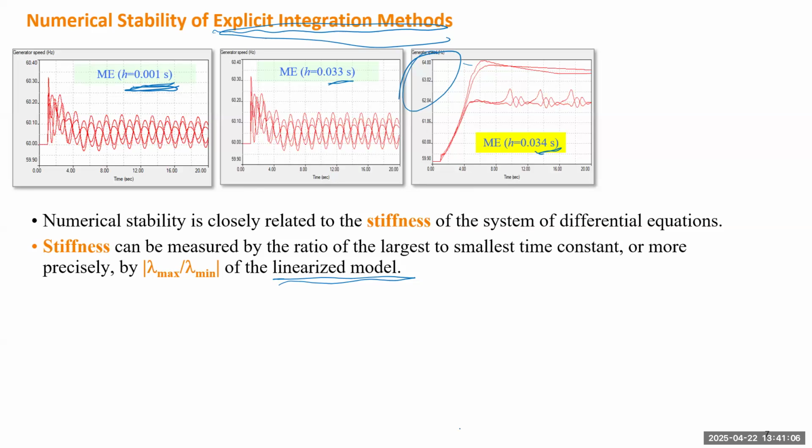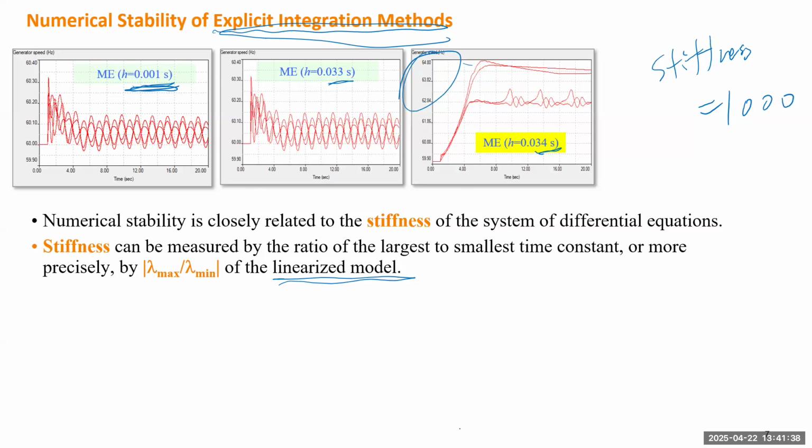But if the ratio of the largest eigenvalue to the smallest eigenvalue, the stiffness, is 1000, what does this mean? The largest period is 1000 times the smallest period. In order to capture the largest period, your simulation period needs to be long enough, right? You have to simulate a full curve of swing for the slowest oscillation.